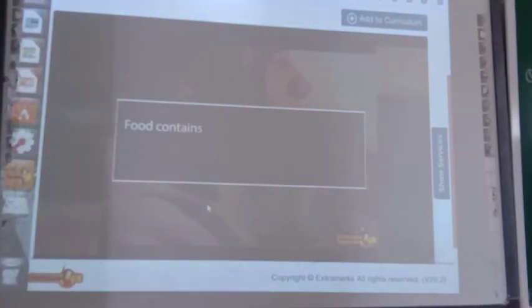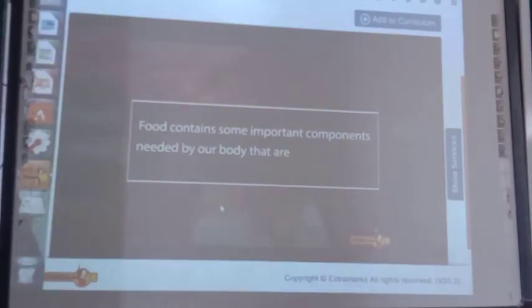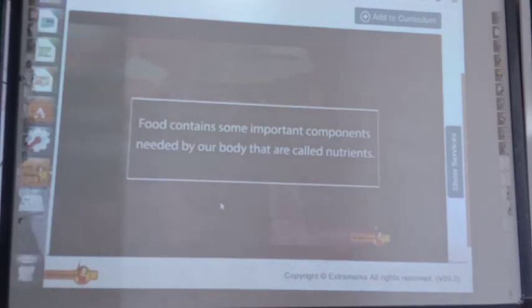Any nourishing substance that is consumed to produce energy in order to sustain life is called food. Food contains some important components needed by our body that are called nutrients.